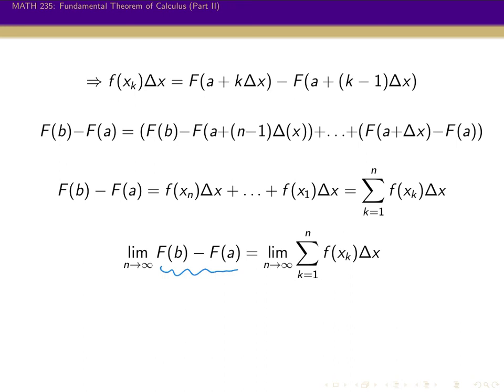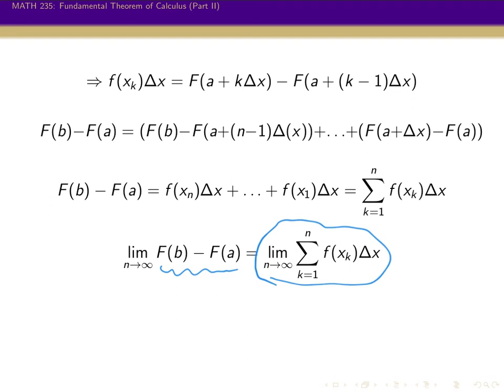On the right-hand side, well, this looks like the definition of a definite integral. And we started off with our little f being continuous, which means that this is Riemann integrable. And so we do have a definite integral here.